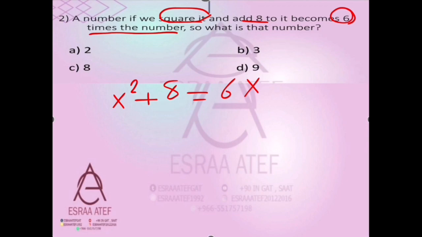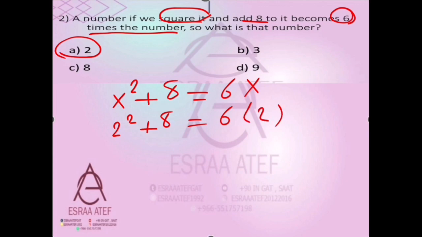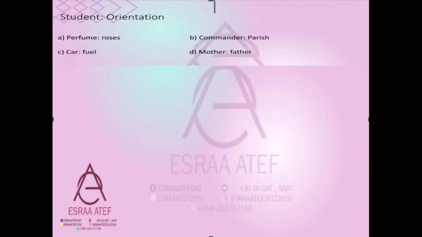So we can try the answers. We will start with the first one, 2 squared, which means 4 plus 8, will it equal 6 times 2? Here 4 plus 8 will be 12, and here 6 times 2 is 12, so they are equal to each other, so the first answer is right.